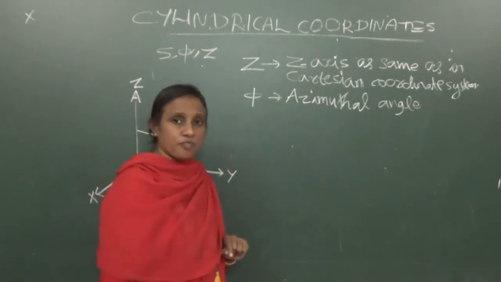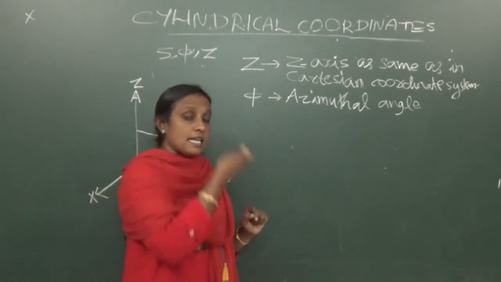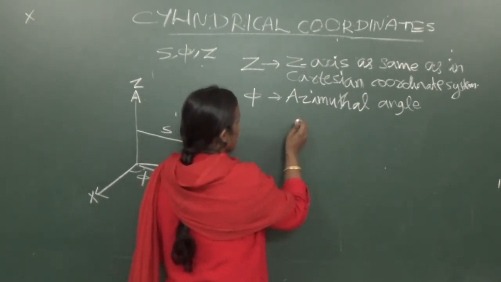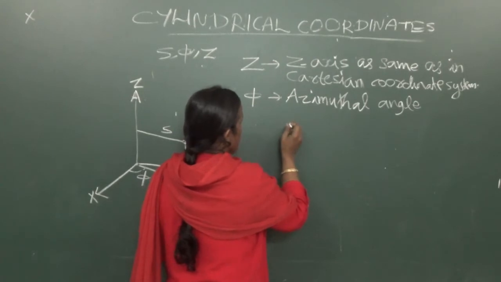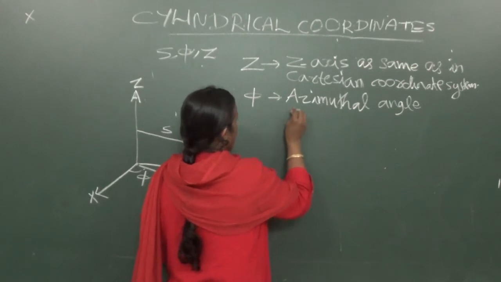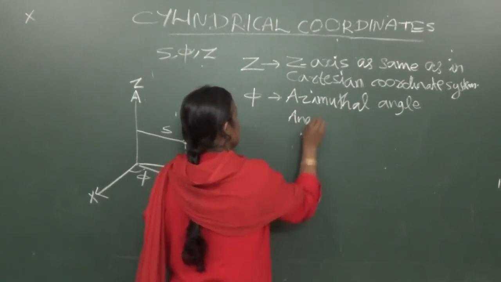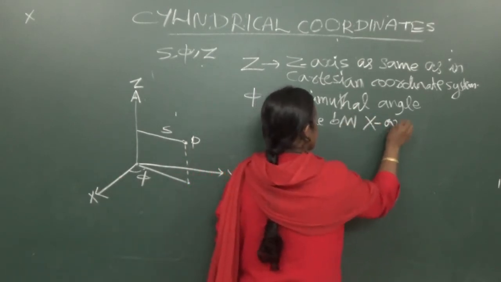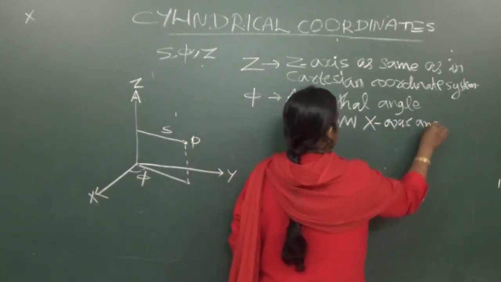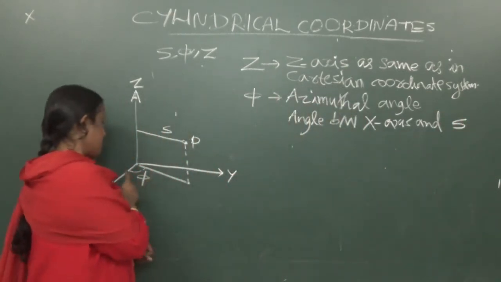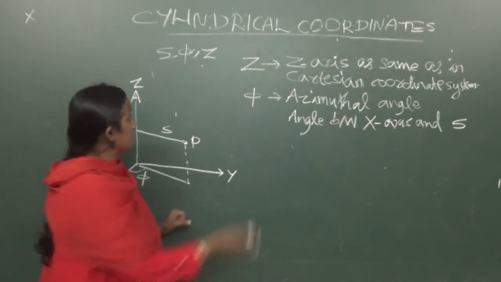Here this angle is defined as the angle between the X axis and S. This angle.